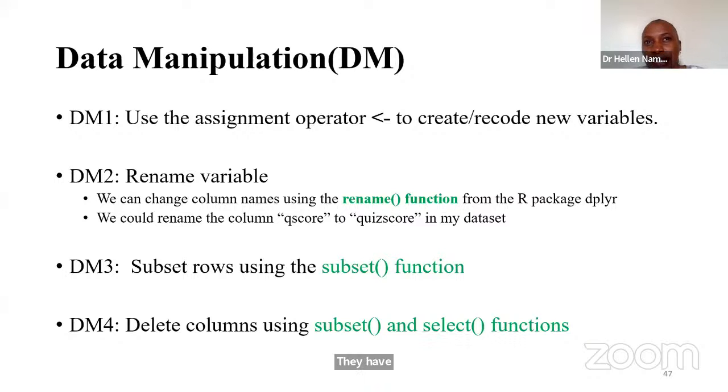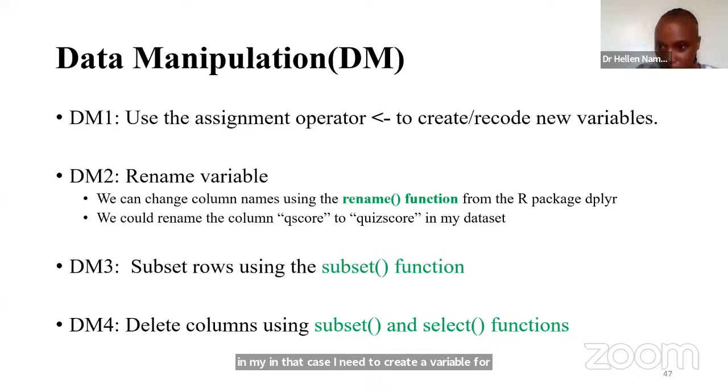So in that case, I'll need to create a new variable that is categorical. I can move from continuous to categorical variable, but not the other way around.